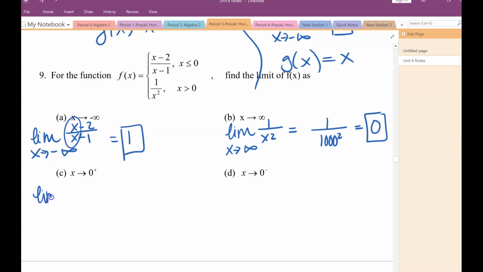Next, find the limit as x approaches 0 from the right. Whoa, which piece? Bottom, right? Would you agree the bottom is from 0 all the way to the right? So if I'm coming from the right, I have to use the bottom piece. So that's going to be 1 over x squared. What's the answer?